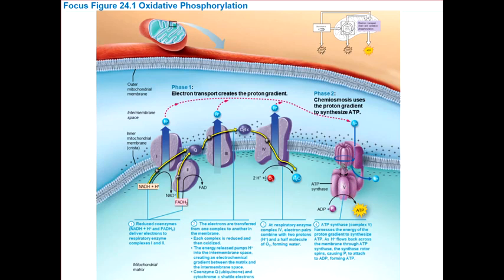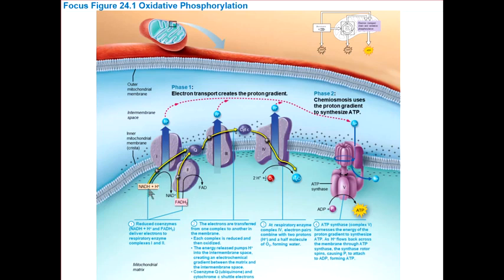Remember our reduced or high energy coenzymes, NADH plus H and FADH2, that we created in glycolysis and Krebs cycle? Well, now they're in the mitochondria. Some of them were reduced in the mitochondria, and they will go to the enzyme complexes.